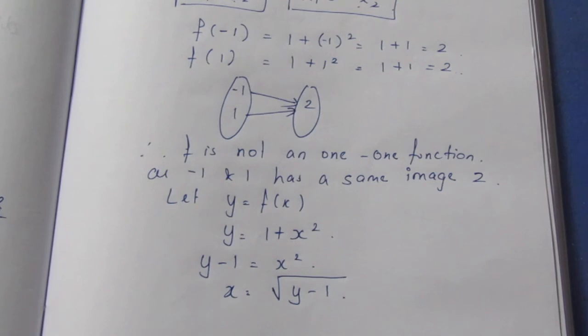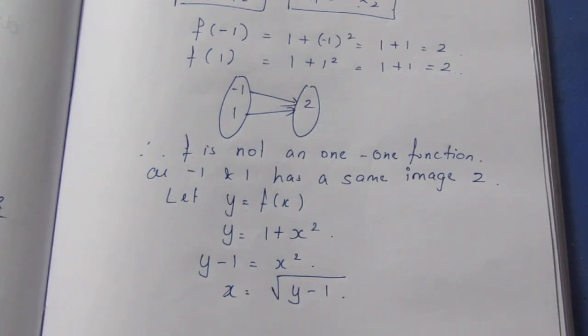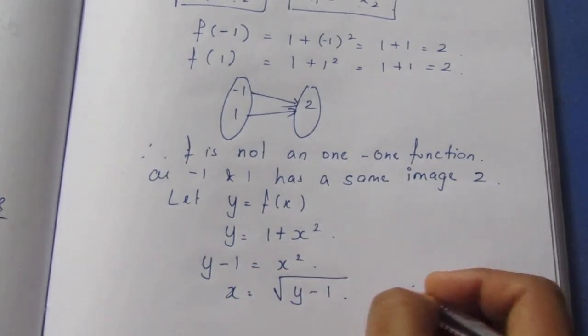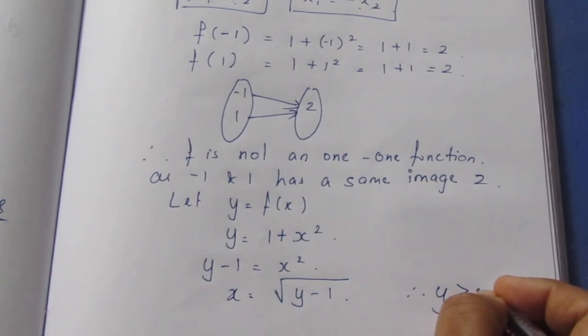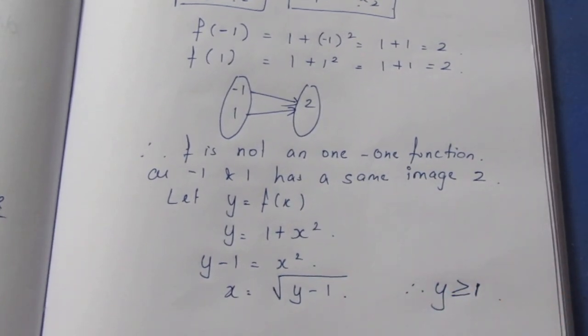Now if you check what values we can substitute for y, we can take y greater than or equal to 1. Only then will you get real numbers in the root. In the root, it should not be a negative number.